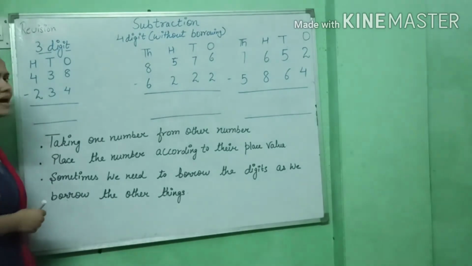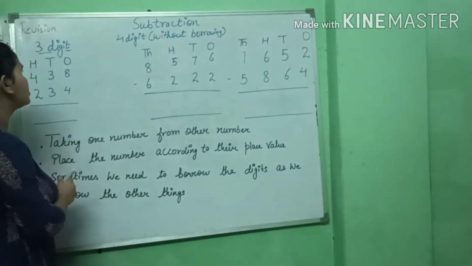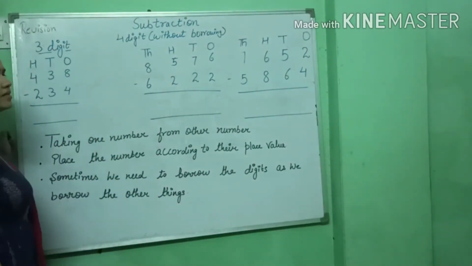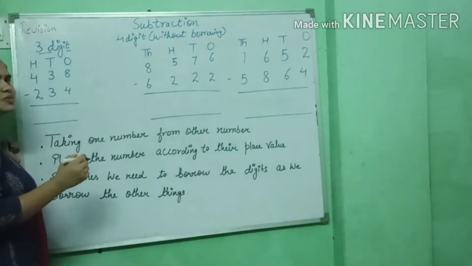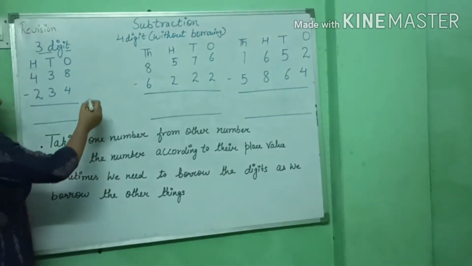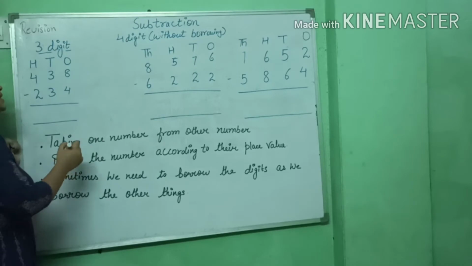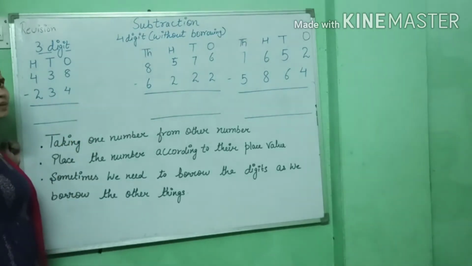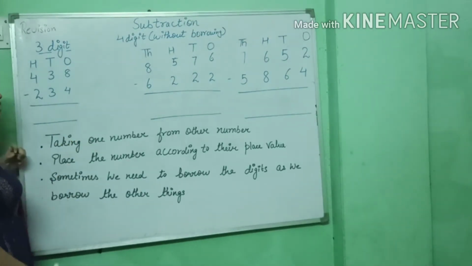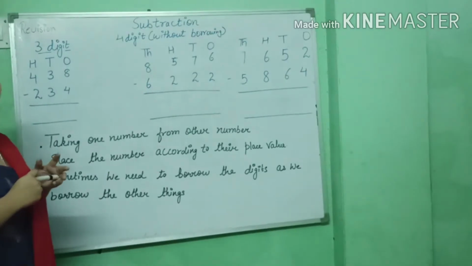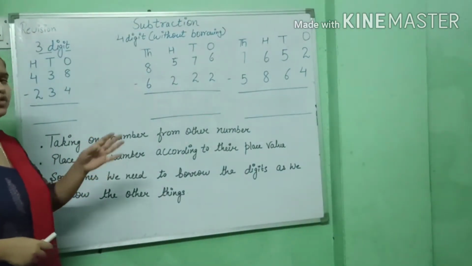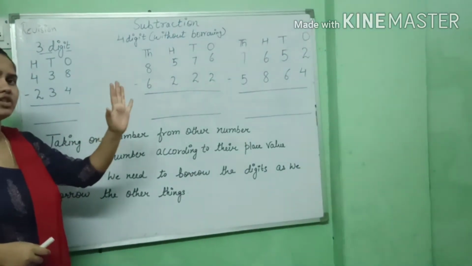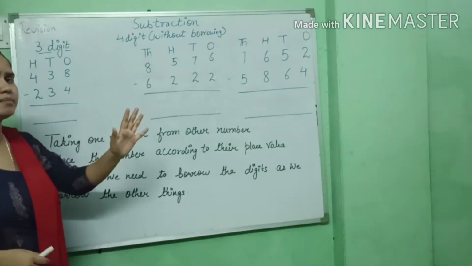Okay students, as I always say, always start from the 0, which means the ones, right? So in the ones, 8 and 4, we have to subtract. As I gave you some tips, you can do this on your fingers, a very simple method.